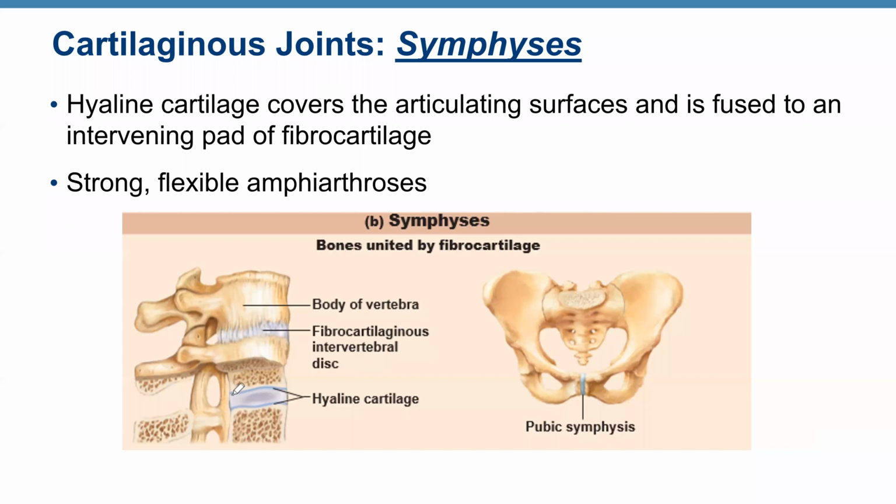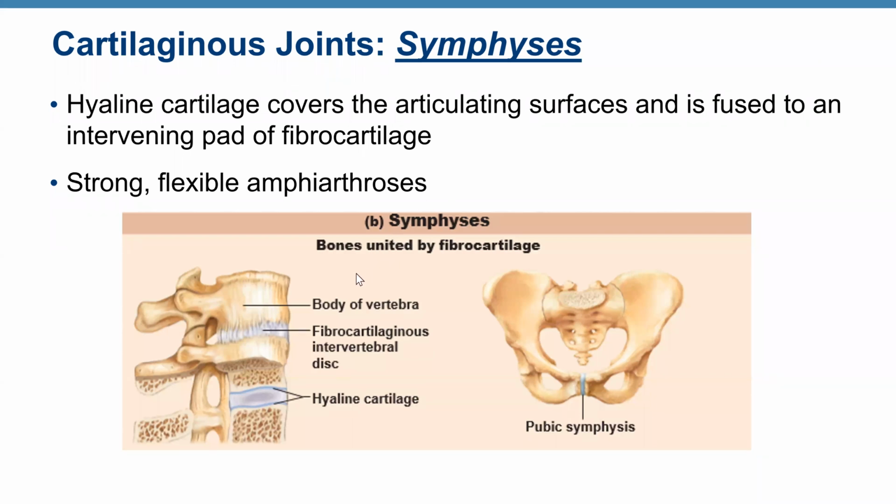So you can see over here that the hyaline cartilage covers the surface of the vertebra, but the disc itself is a fibrocartilaginous intervertebral disc. Right, so symphysis includes fibrocartilage when synchondrosis includes hyaline cartilage.